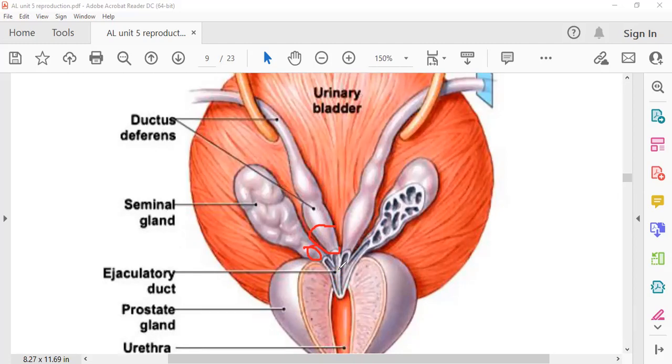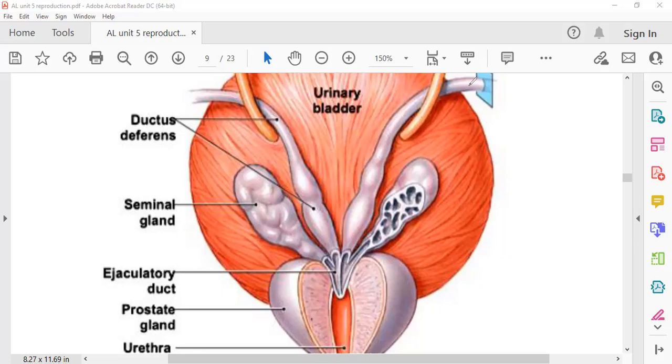Yes, sir. So which components join to form the ejaculatory duct? The duct of the seminal vesicle and the vas deferens. Which two join together? Vas deferens and seminal vesicle.